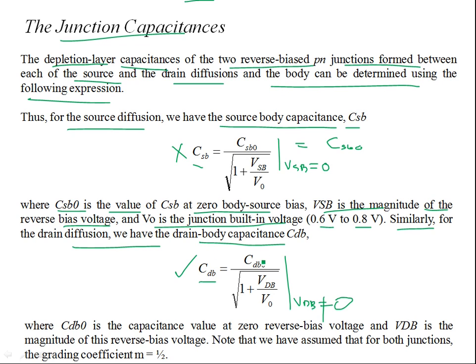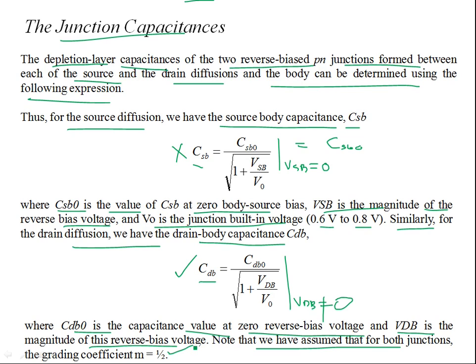So CDB0 is the capacitance value at 0 reverse bias voltage. When you don't have any VDS, CDB is CDB0. VDB is the magnitude of the reverse bias voltage, again of the same order. Note that we have assumed that for both junctions the grading coefficient is half.